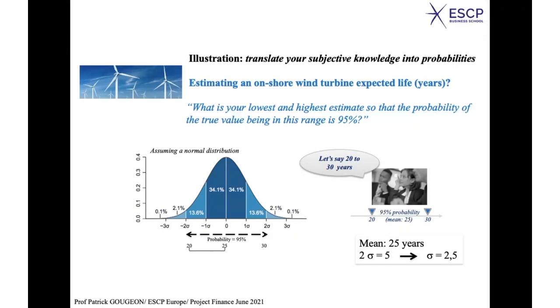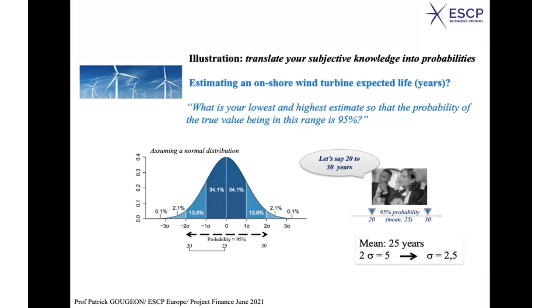And this type of thing you can do for each parameter which has an influence on the outcome of your project. So now, if you have understood how we can transform your subjective knowledge, your subjective uncertainty, into a probability distribution, this is what we have done here.